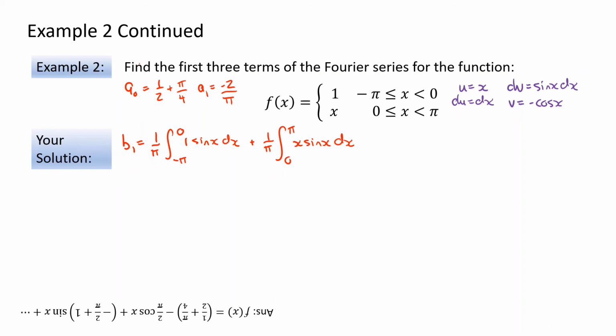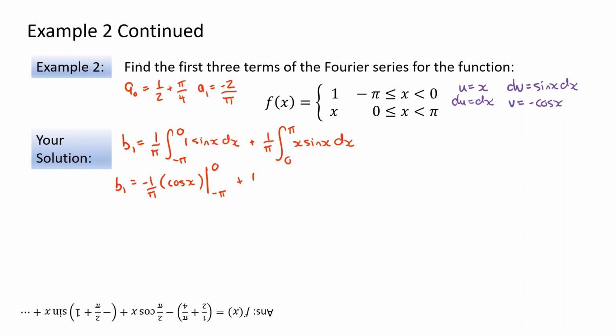So our next step, we can do a couple things. We can integrate this first term, and then we can substitute in our integration by parts terms. So the integral of sine, remember, is negative cosine of x. So we get negative 1 over pi times cosine of x. I just moved the negative outside to make it easier for the math. And that's evaluated at 0 and negative pi.